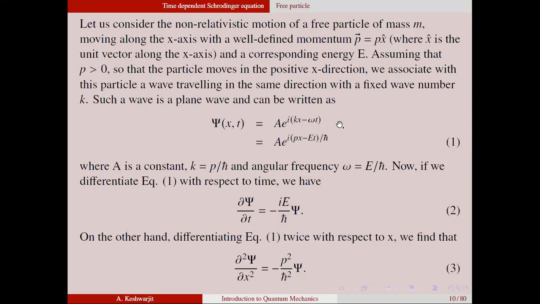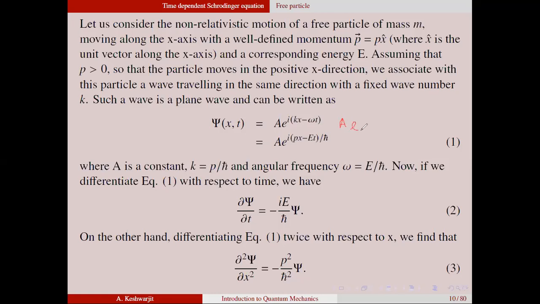And what will be the form of a wave which is traveling towards the left, that is, along the negative x direction? What will be the form of that wave? For a wave which is traveling towards the left, if it is a plane wave, then the coefficient A should be a constant.